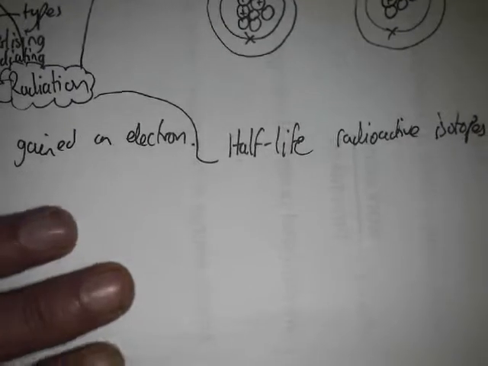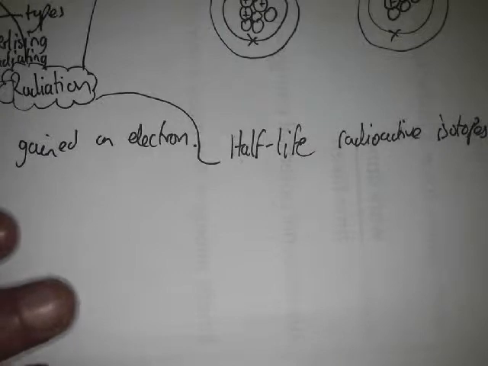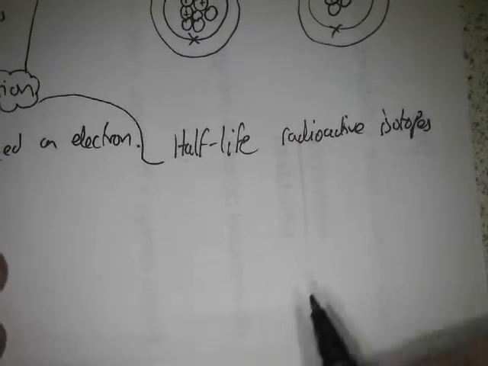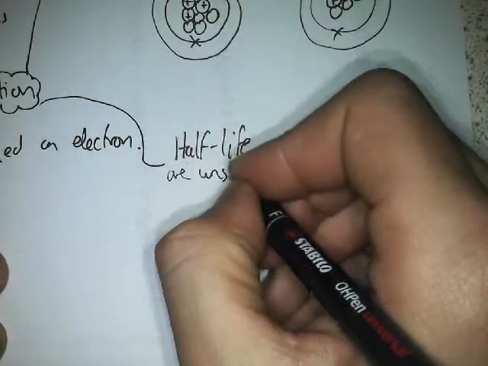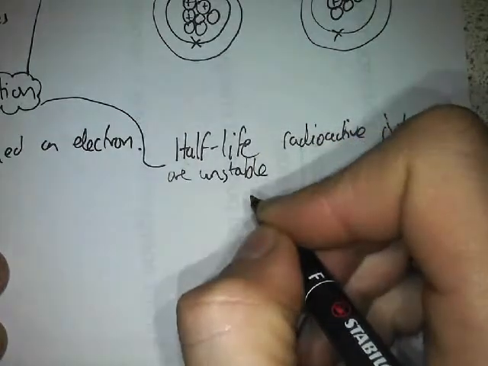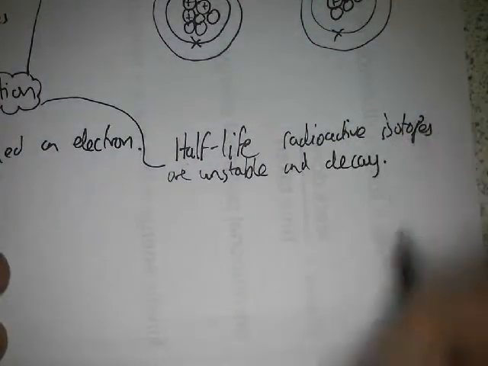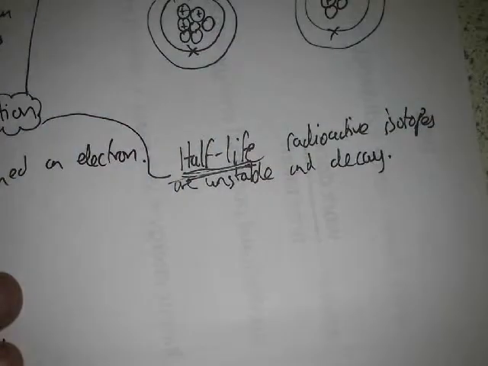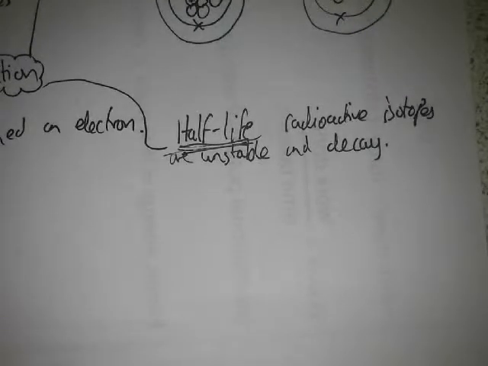If you've got an element that's an isotope, it's radioactive, so it's giving off alpha, beta or gamma, it will decay. Now this is where half-life comes in, and this is the whole principle of it. It will decay at a constant rate, a steady rate.